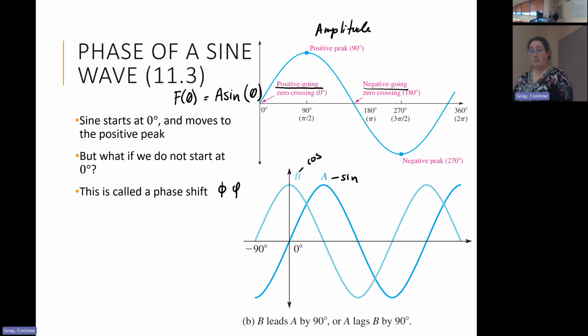Very often we'll have 30 degrees. Again, nice angles. So 30, 45, 60, maybe 15, like those degrees there. Any questions about the terminology for phase of a sine wave so far?